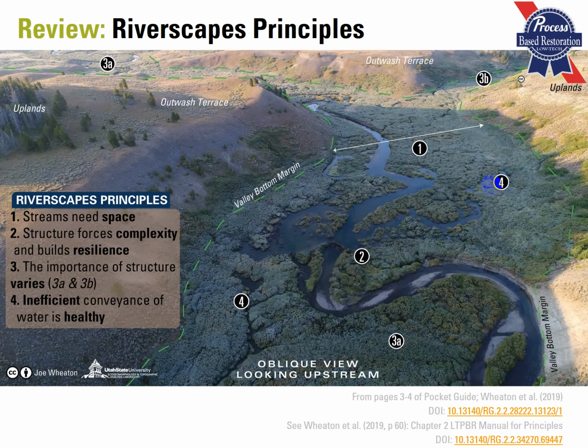Okay, so we're halfway through in terms of our principles. We've talked about riverscape principles. These 4 principles help us understand what constitutes a healthy riverscape. So just take a moment, read those. Streams need space, structure forces complexity, builds resilience, the importance of structure varies, and inefficient conveyance of water is healthy.